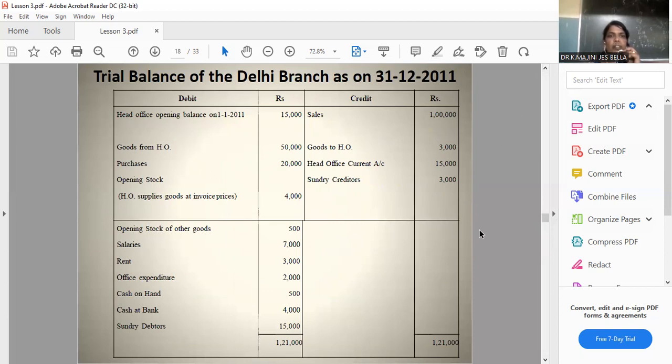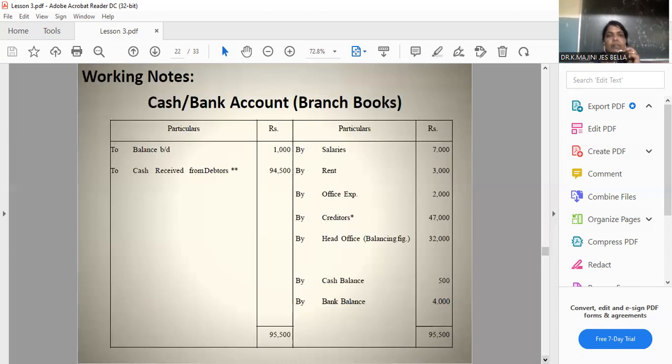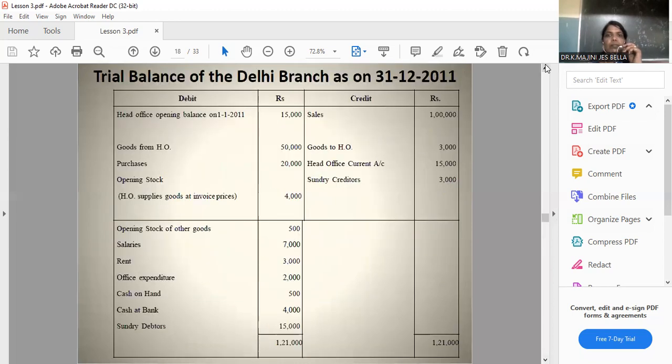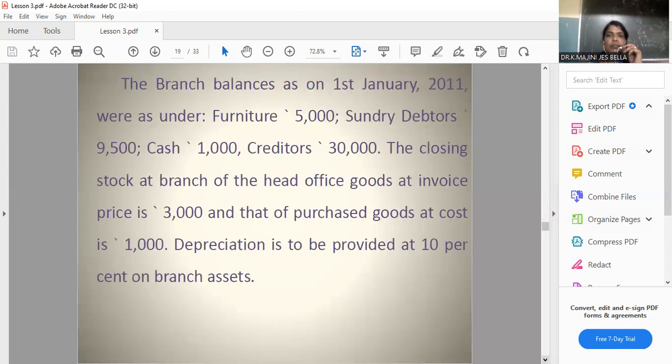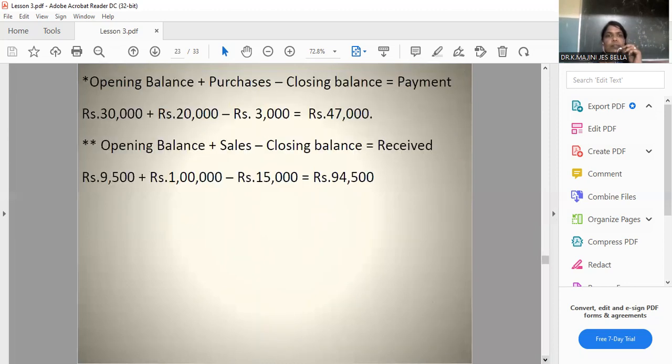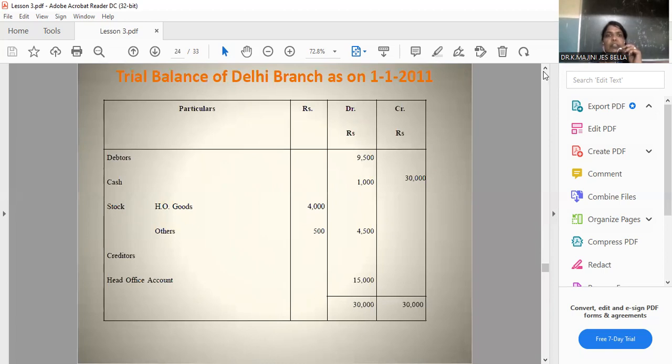Cash received from... what are the expenses? Salaries 7,000. Rent 3,000. Office expenses 2,000.